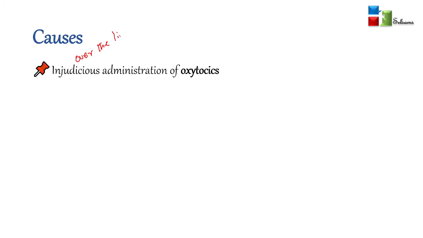What are the causes or etiology? Injudicious administration of oxytocin. Injudicious means over the limit, uncontrollably. This oxytocin acts on the receptors in the fundus of the uterus.